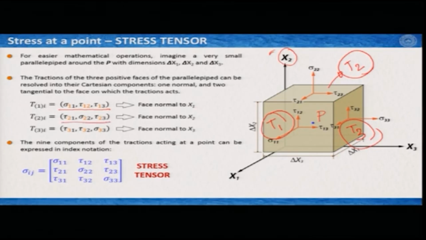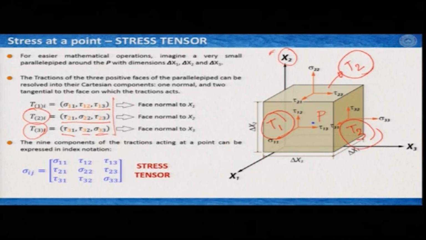Traction 2 is tau 2 1, sigma 2 2 and tau 2 3 for the face normal to x2. Traction 3 is tau 3 1, tau 3 2 and sigma 3 3, which is normal to x3.